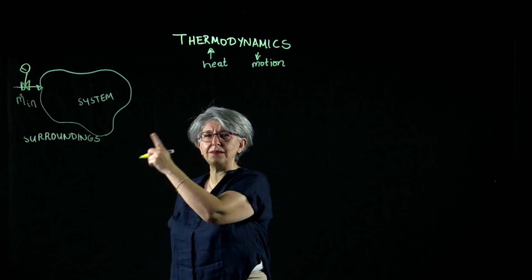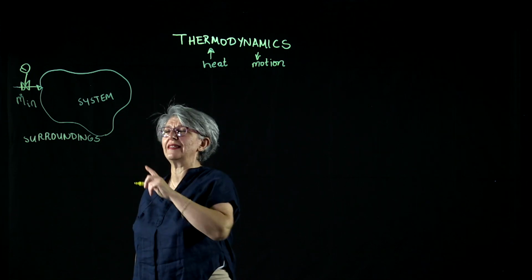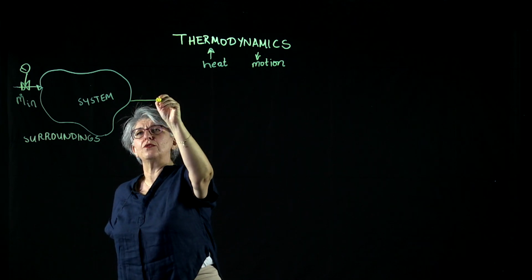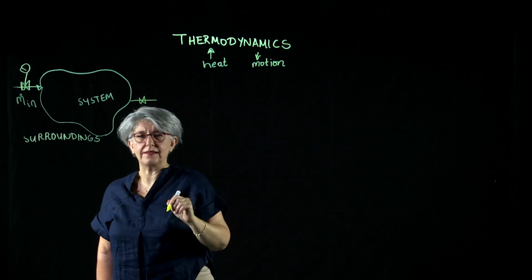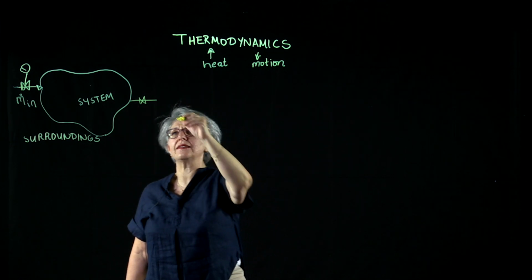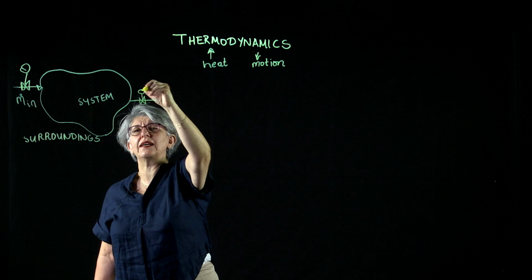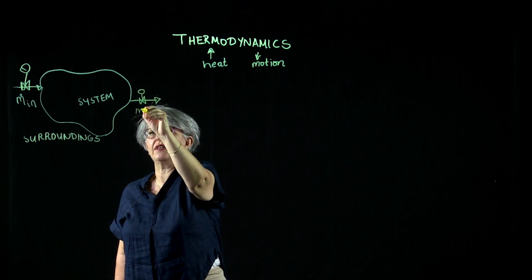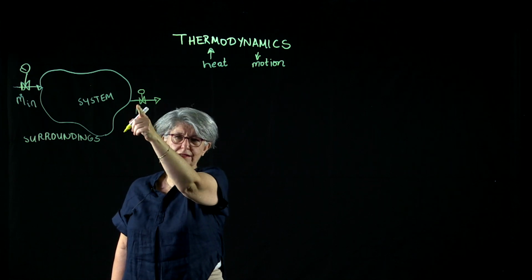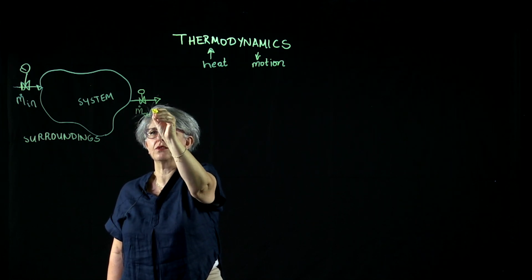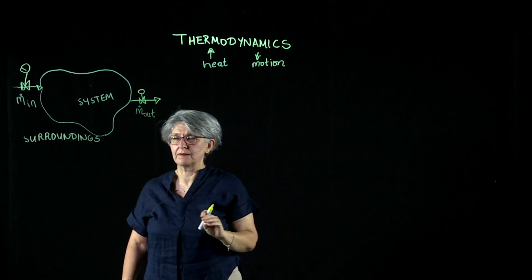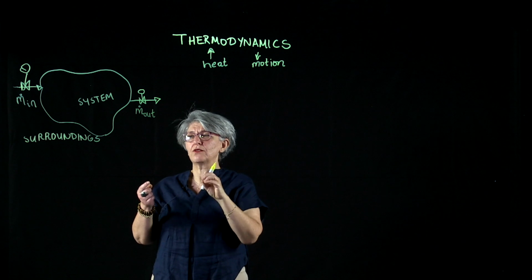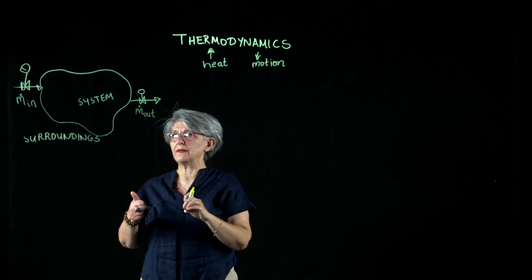So when I say m dot in, it is the mass flow rate that goes into my system. So of course, I can let the mass in as well as letting mass out. Again, another valve. I'm going to label this m dot out, rate of mass flow out of the system boundary. So my system interacts with its surroundings through mass exchange, number one.